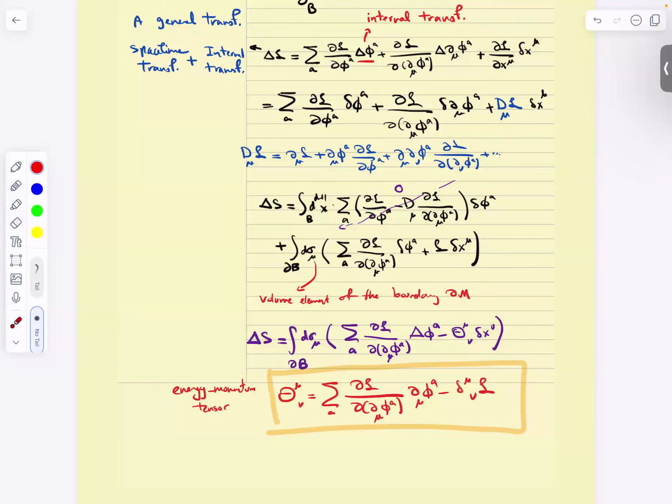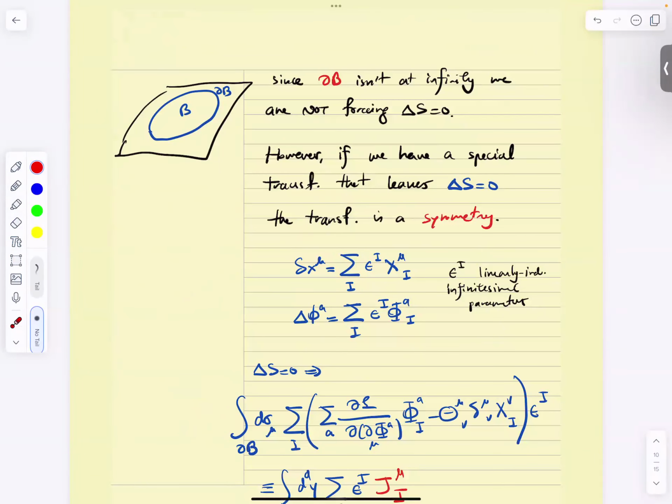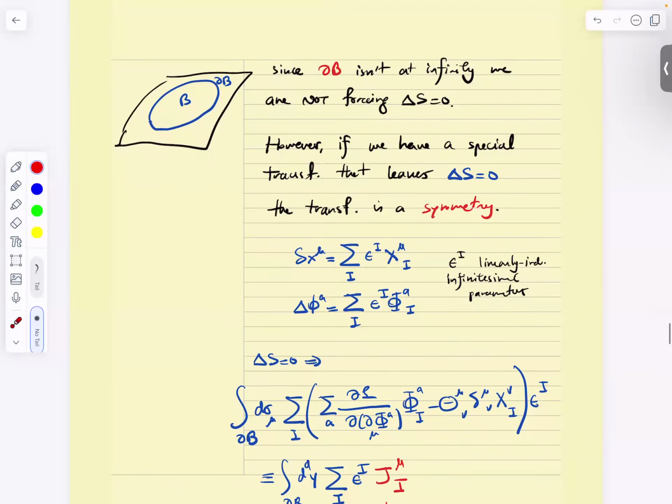Repackaging everything, I found a bulk term that happened to be the same bulk term that I found in the Euler-Lagrange equation. It vanishes. I end up with a boundary term as well, right? So far, I didn't say a single word about symmetry. I just said a general transformation. So we'll have to see that this guy vanishes. So this is delta of S. I think I said this.